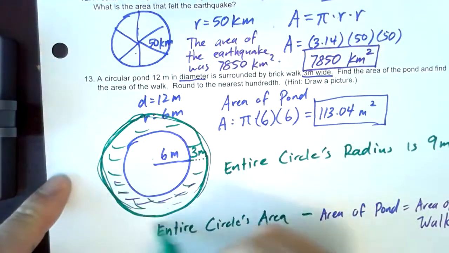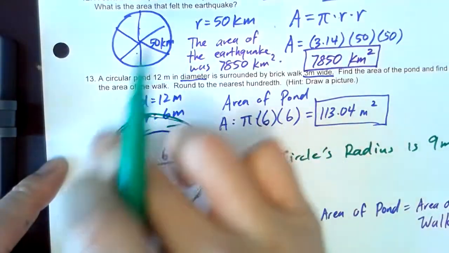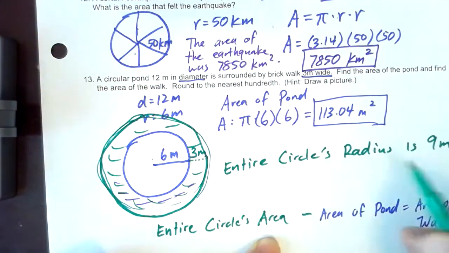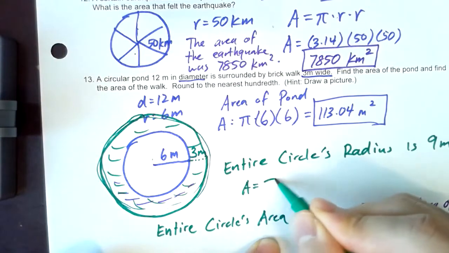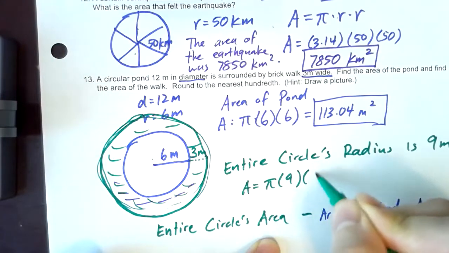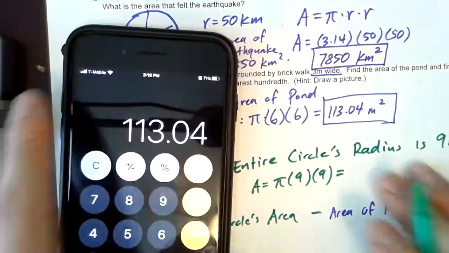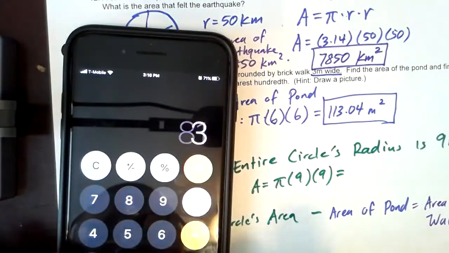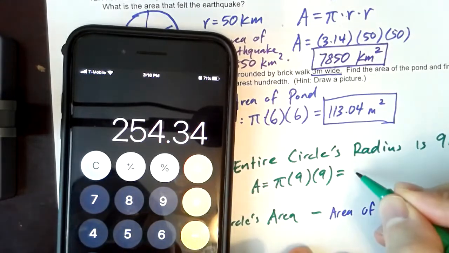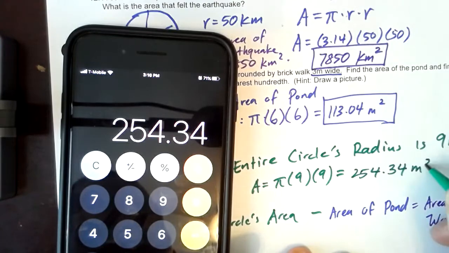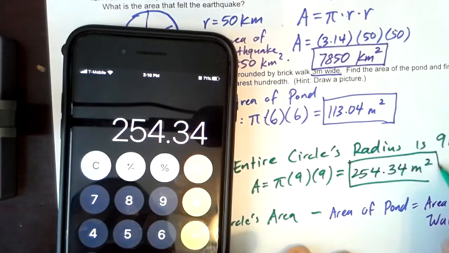Now let's calculate the total area of the entire circle. The entire circle has a radius of 9. So that means the area is pi times 9 times 9, which equals, that's 81 times 3.14. That's 254.34. Okay, still not done though, because that's the entire circle.